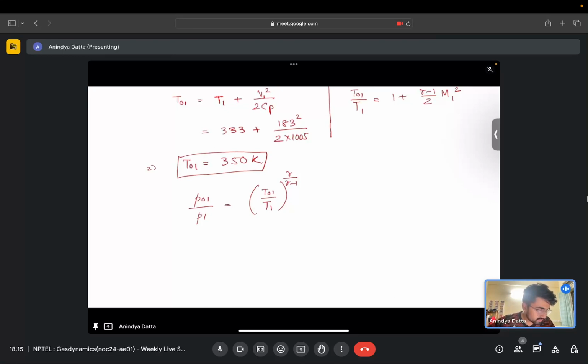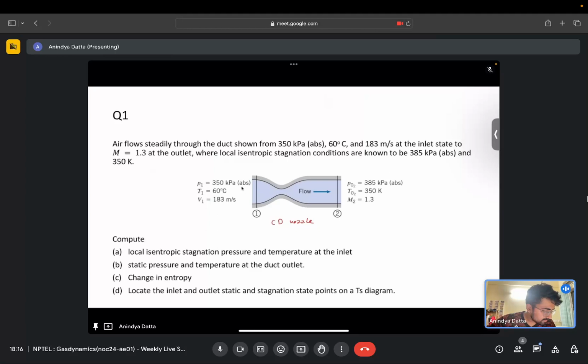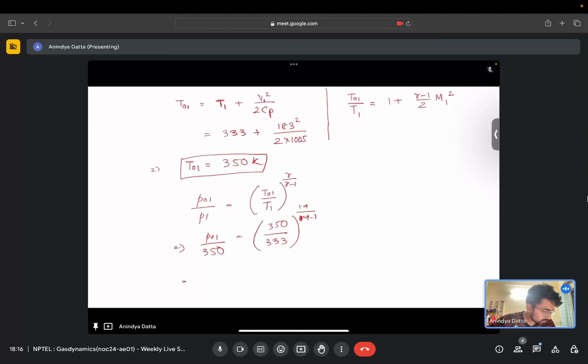This is (350 by 333) to the power 1.4 by 1.4 minus 1, and P01 is what we need to find out, and P1 is given as 350. If you solve this, we will get a stagnation pressure of 415 kilopascal. Obviously it is expected that the stagnation temperature and stagnation pressure will be greater than their corresponding static values.